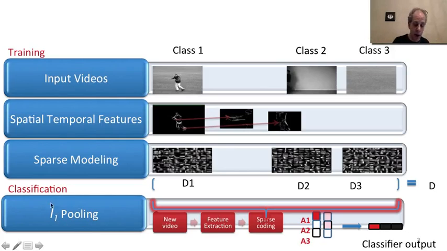So we look at, for example, the L1 norm in every single block, and we pick the one that has the maximal energy. There are many ways to pick the right block, but the basic idea is that although we are encoding with a large dictionary, this dictionary is the concatenation of multiple dictionaries.